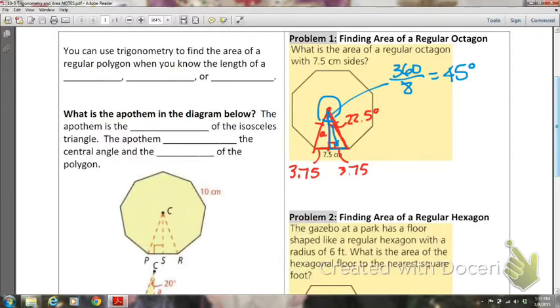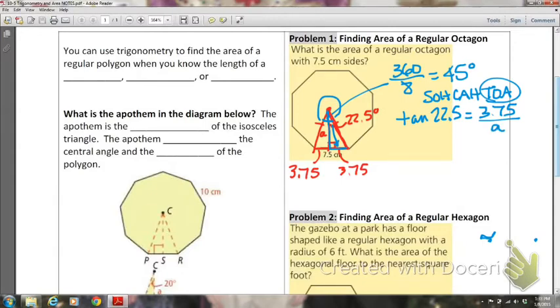So we have opposite over adjacent, which, if you remember your SOHCAHTOA, is tangent. So we set up tangent of the 22.5 degree angle is equal to opposite over adjacent. Opposite the 22.5 degree angle is the 3.75, and adjacent to the 22.5 angle is the apothem that we need.